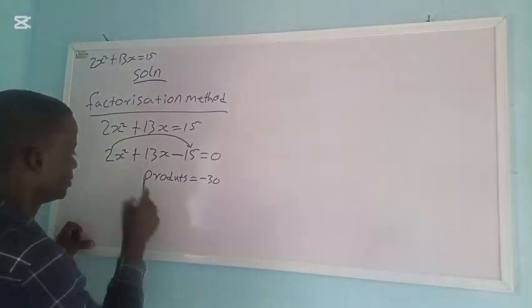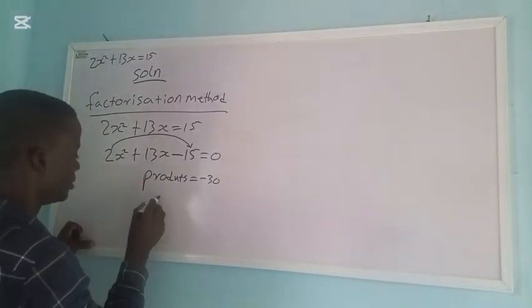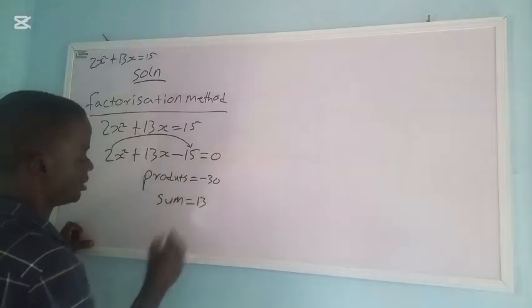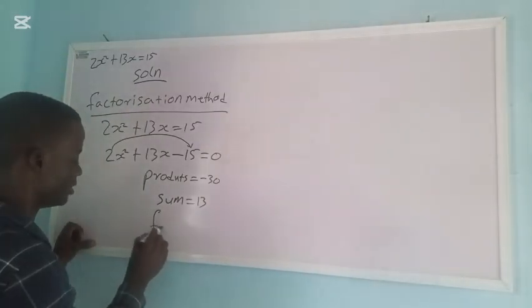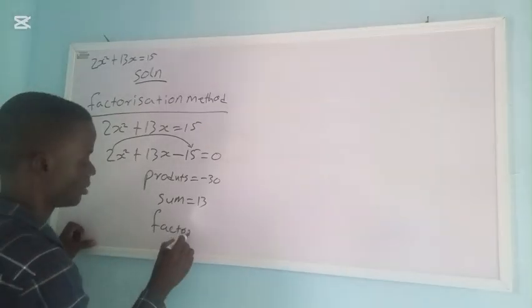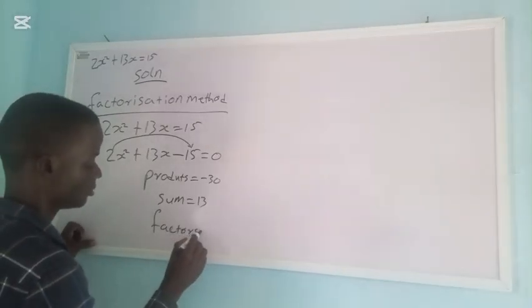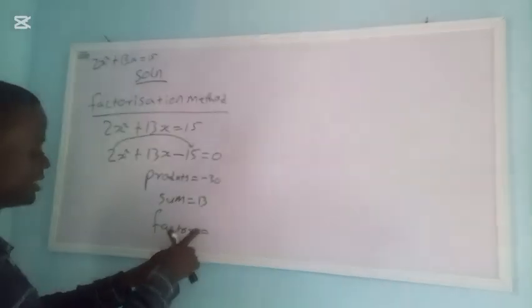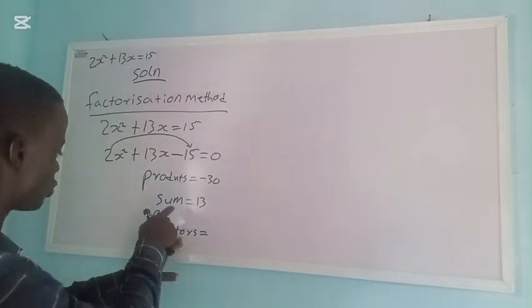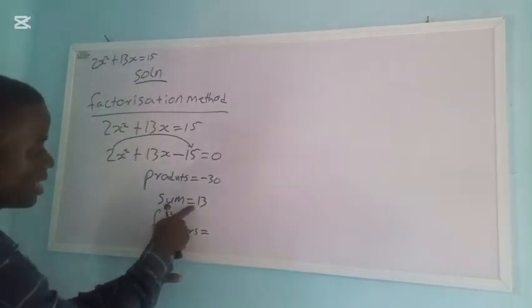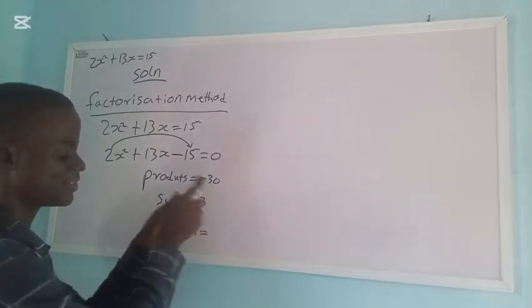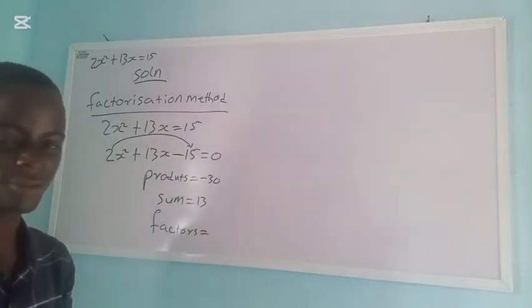Then we have the sum. The sum is equal to 13. And then let's look for the factors. Let's look for the factors that if I sum them, they give me 13, and if we multiply them, they give us minus 30. What are those numbers?